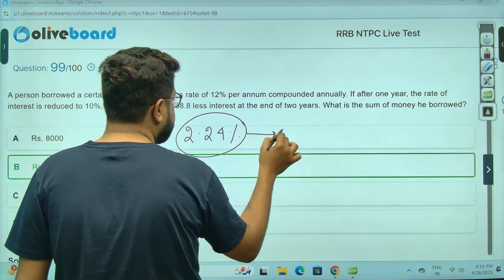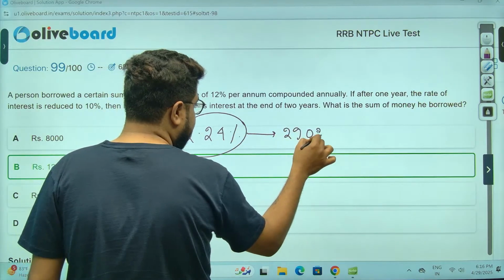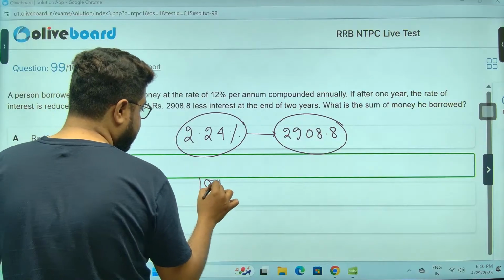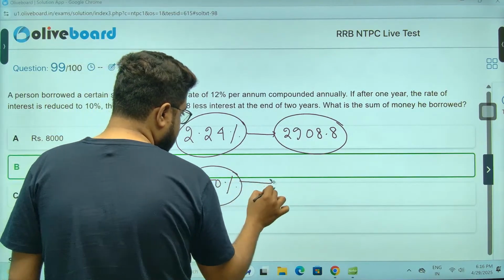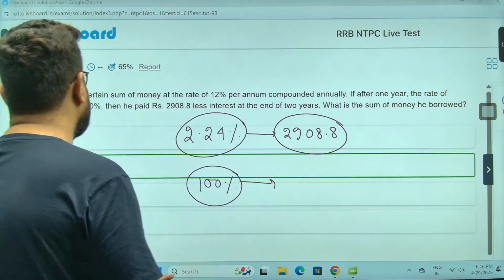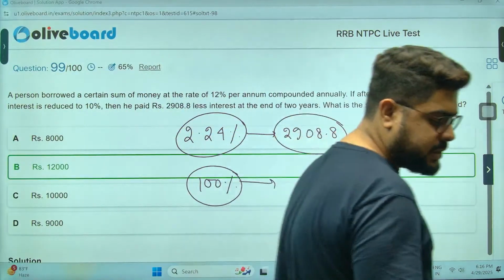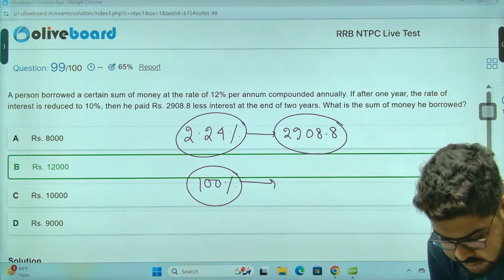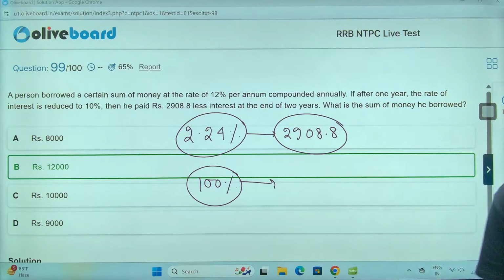If that value is 2908.8, so the value of 100%, how can this be 12,000? Right?